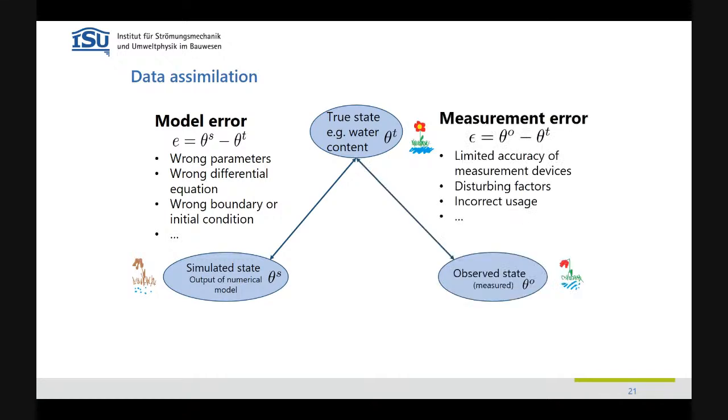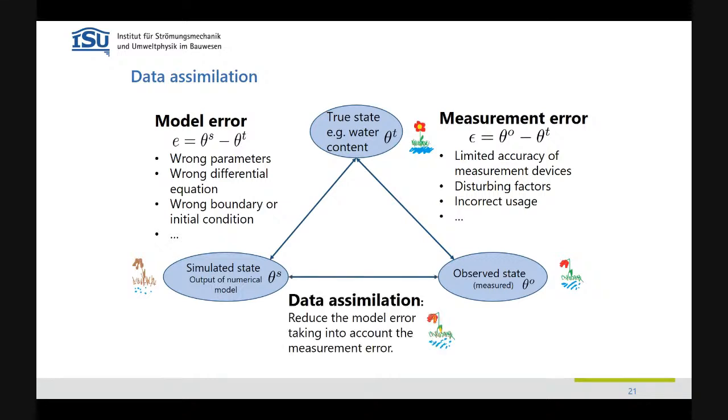Then we have an observation, and here also we have a mismatch because our measurement devices are also not perfect. If I do data assimilation, I now try to merge this and reduce the model error of my model by, in a way, conditioning to the observations. So I build the distribution given the observations that I have, and I'm then looking for the best estimate, so to say.